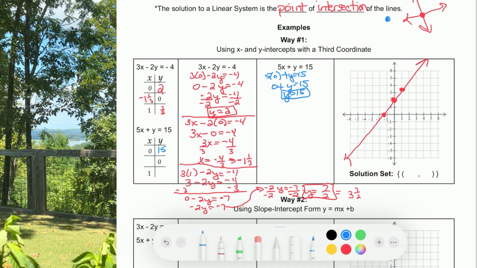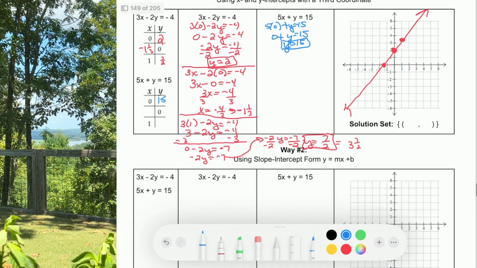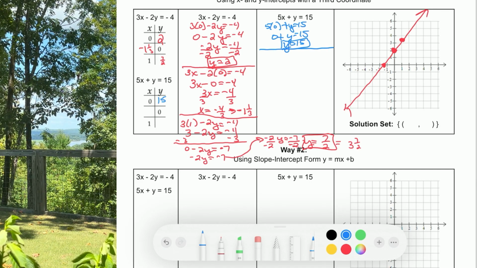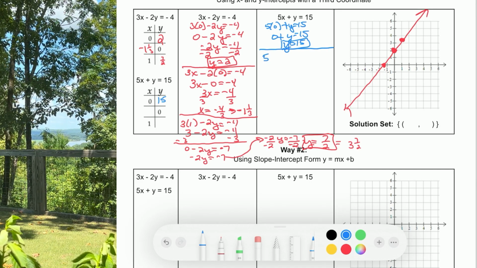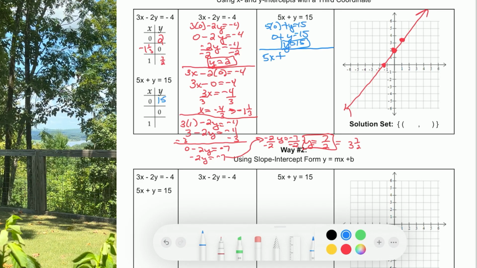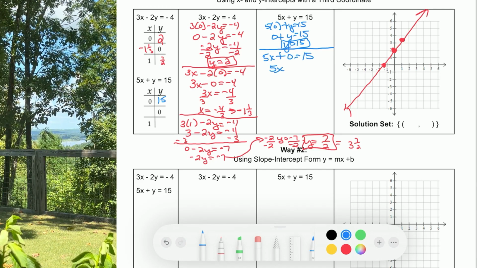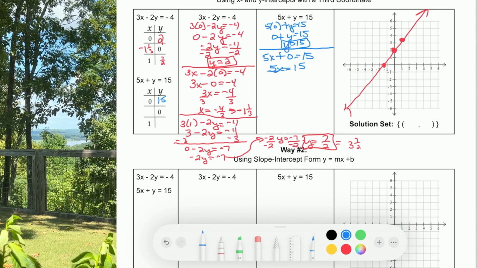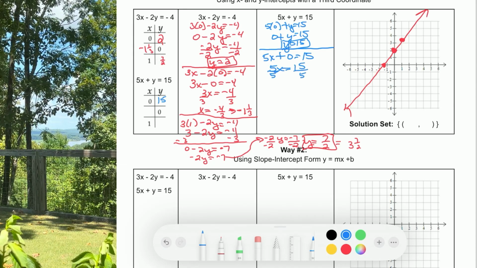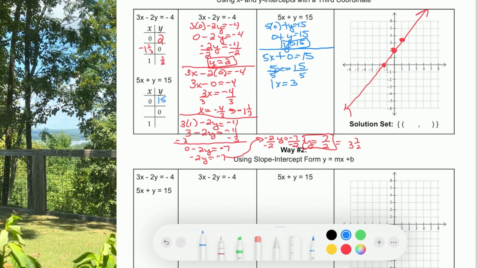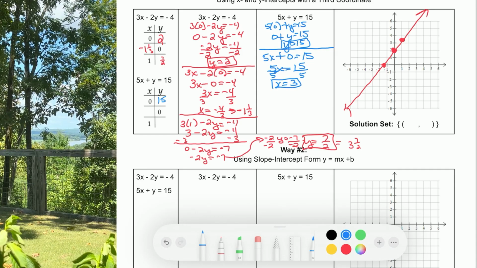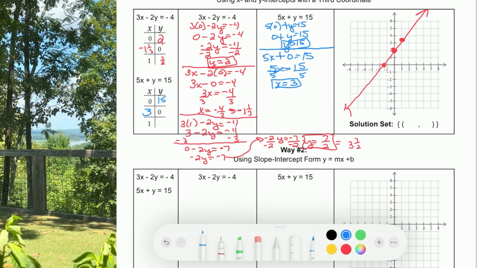So let's find 2 more coordinates so that it's a little bit easier for us to plot. Let's put 5x plus, our y is 0 this time. So 5x equals 15. I'm going to divide both sides by 5, and I get x is 3. That'll be easier to plot, 3, 0. So let's plot that here.